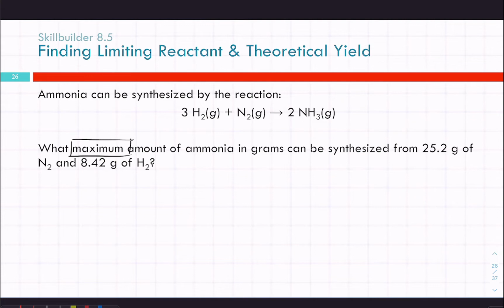So whenever it's asking for the maximum instead of the limiting reagent, it's still a limiting reagent problem. So do 25.2 grams of nitrogen and 8.42 grams hydrogen.